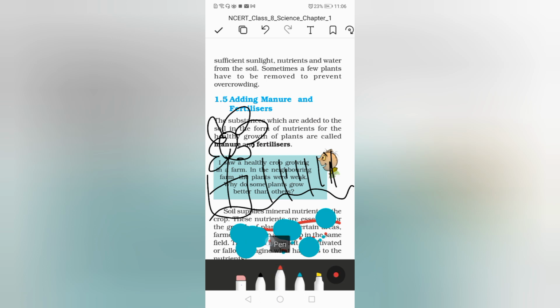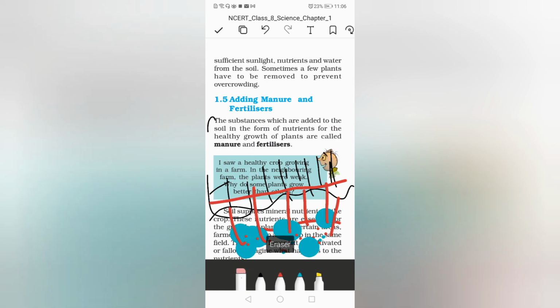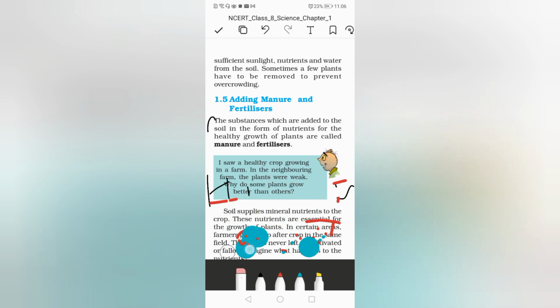If you keep all of them here, all the nutrients will get used up, and since no plant is going to get sufficient nutrients, all of them are going to die. So it's best that you space it out. You keep a few feet of space, so each plant can get its own nutrients, sunlight, and water. I hope that much is clear. If you have any doubts, just ask me in the comments.